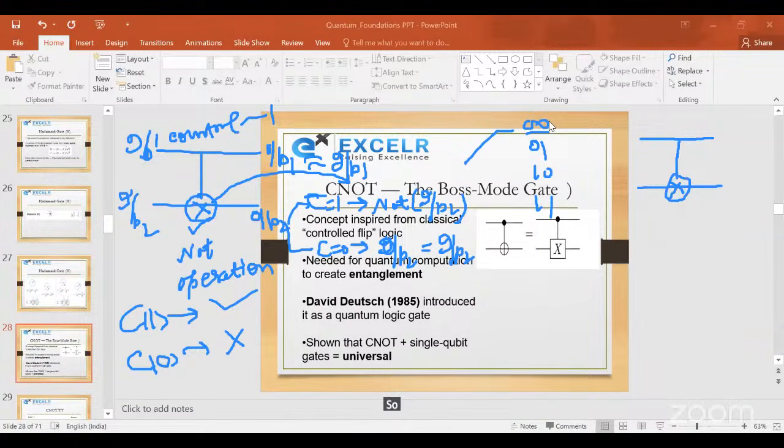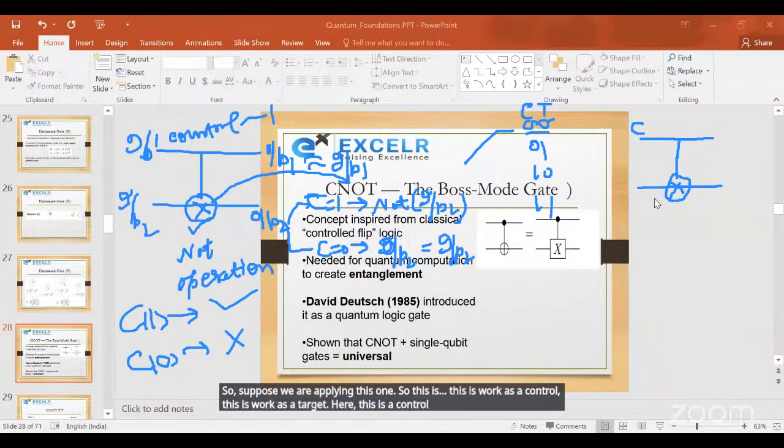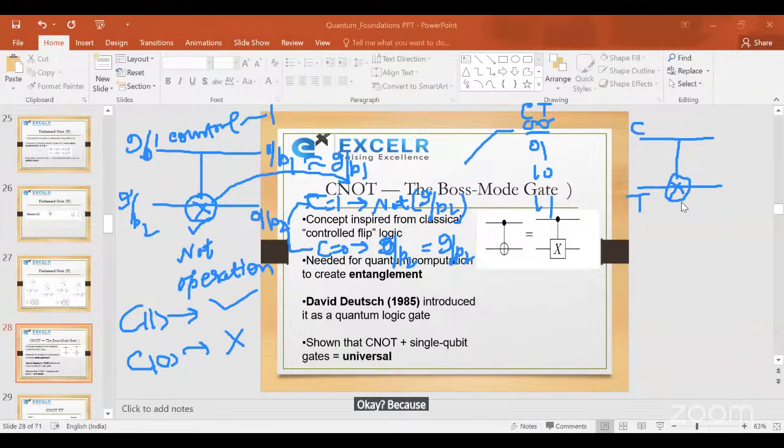This one works as a control, and this one works as a target, because it is targeted by the control gate.